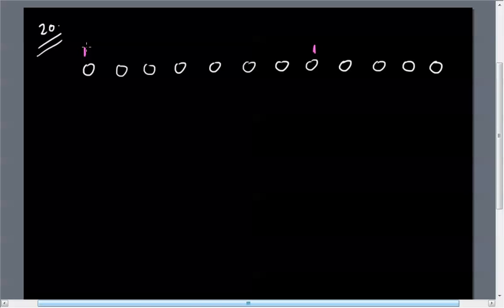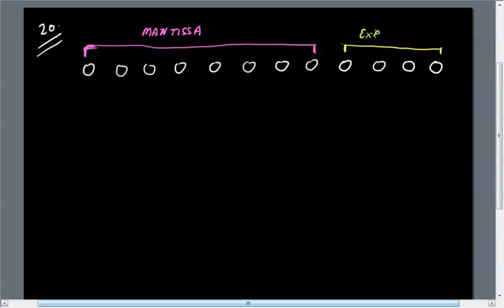The first 8 bits, try and draw a straight line, are used for the mantissa. These 4 bits are used for the exponent.